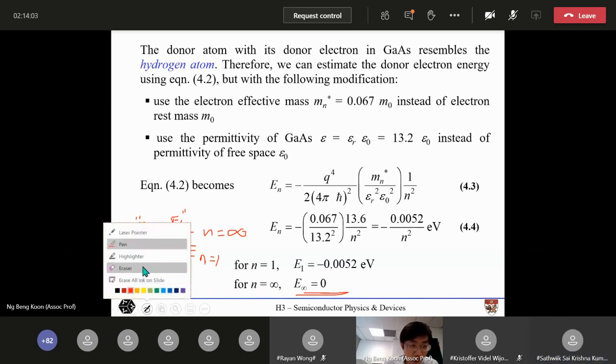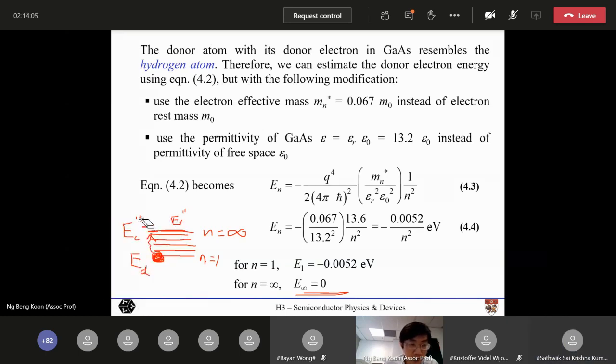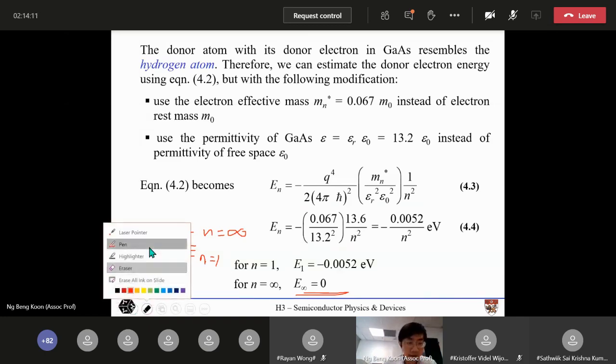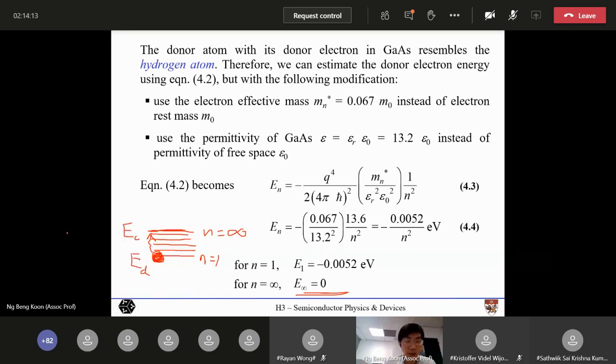The binding energy is basically the energy for the electron to break free from the bonding in the crystal. In this case, the binding energy is the difference between these two. If we give it this amount of energy between EC and ED, then the fifth electron can break free from the impurity atom.